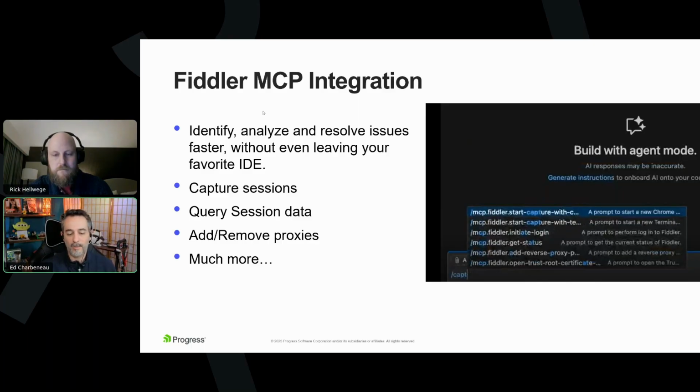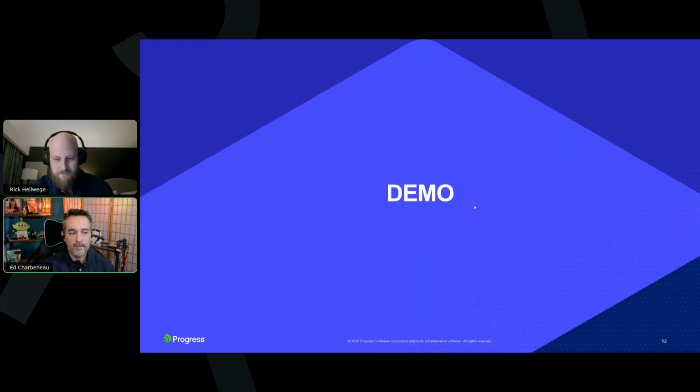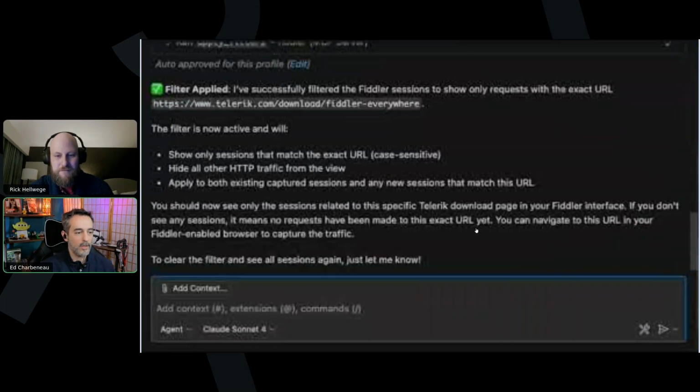And Rick and I were discussing before we even started today, like how cool natural language processing is. Like CLI is very clinical, right? You have to know the exact switches to turn on and off. But with a large language model and natural language processing, you just ask it with normal human language and it knows what to do. So let's check out how this actually works inside of Visual Studio Code.